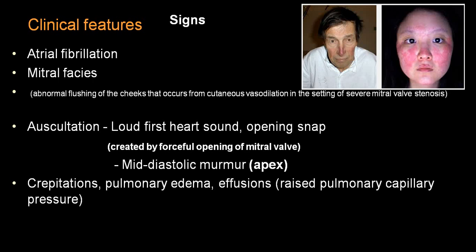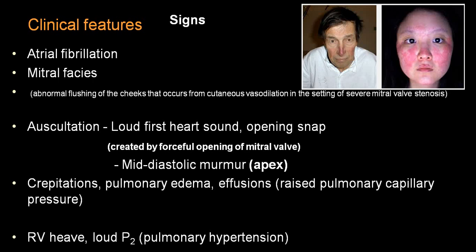In respiratory system examination, you will have crepitations because of pulmonary edema. Because of right ventricular hypertrophy, you will have a right ventricular parasternal heave. P2 will be loud. And because of a tight mitral valve, you can have an opening snap, and that will be heard immediately after the second heart sound.